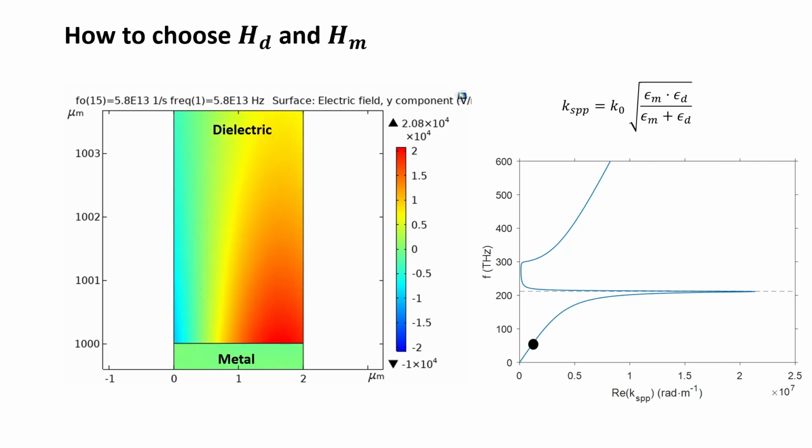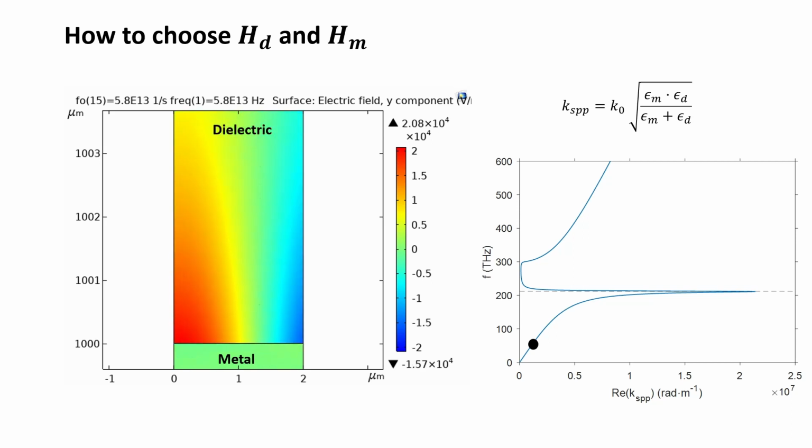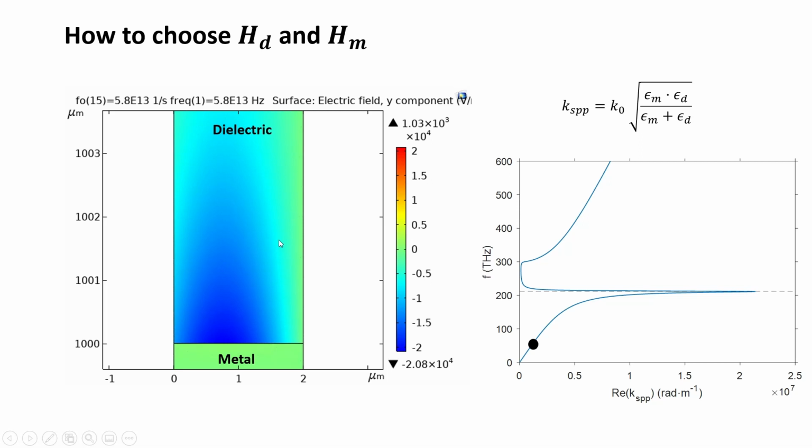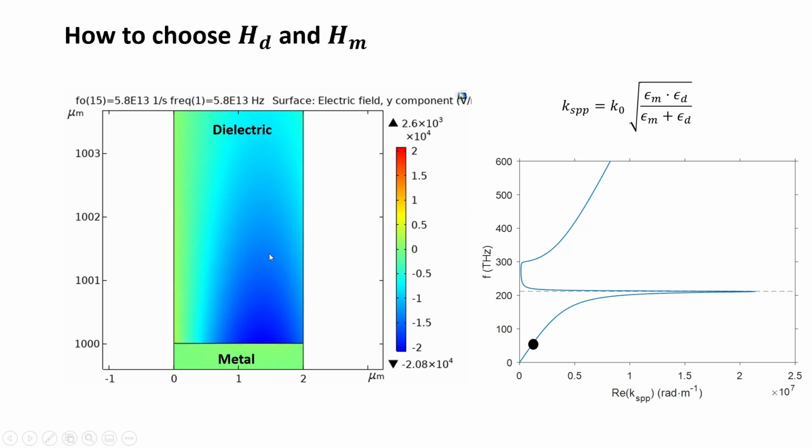The question about what height we should put for HD and HM depends on the frequency you need to solve for. This is a previous solution I have done, and I just want to show you the difference when you solve at low frequency, something like 58 terahertz.